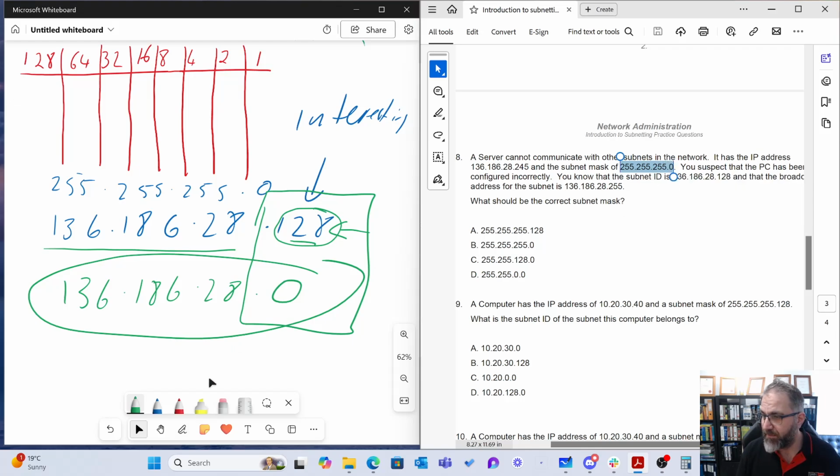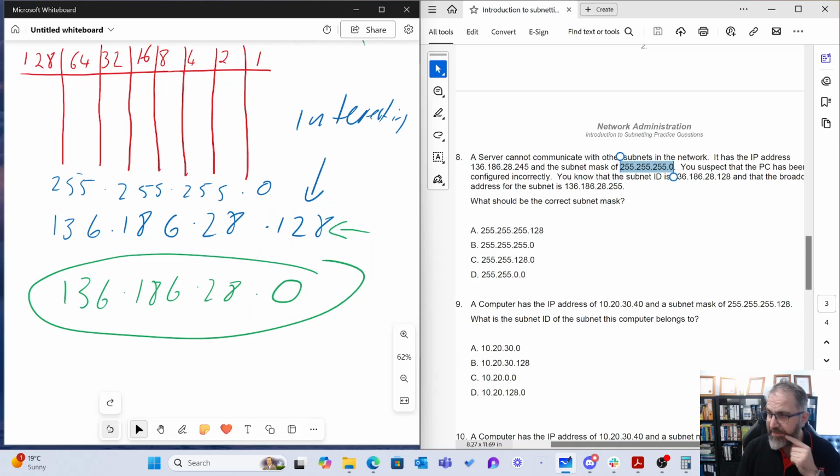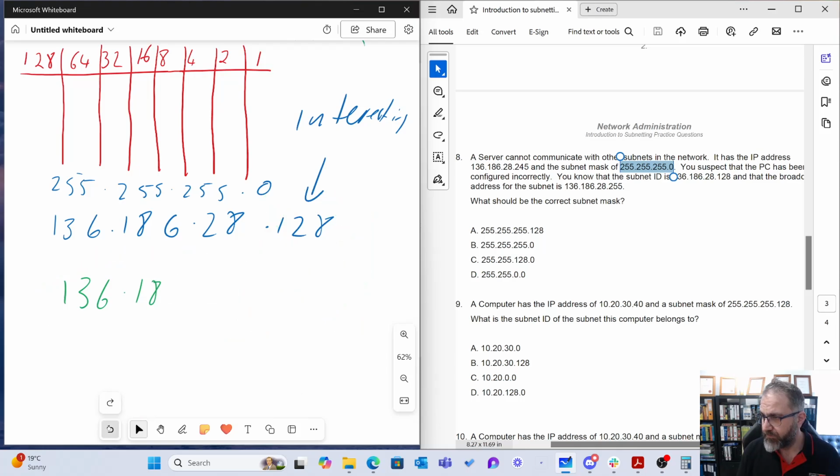The network mask there. So let's work it out here. How are we going to find out what the correct subnet mask is for that? Okay, a bit of a challenge, but we'll get it done. So we know it's definitely not 0.